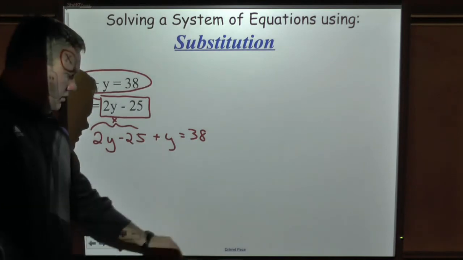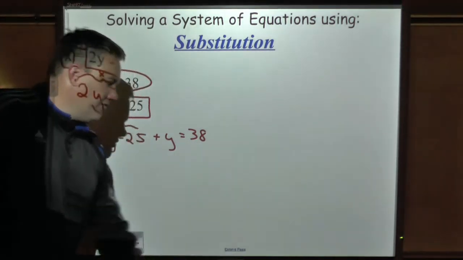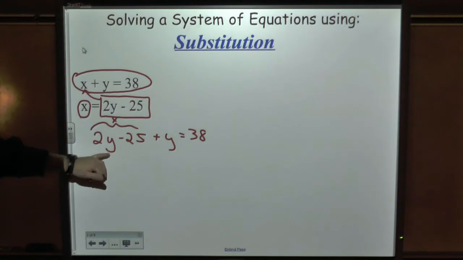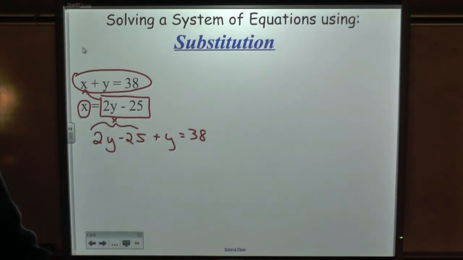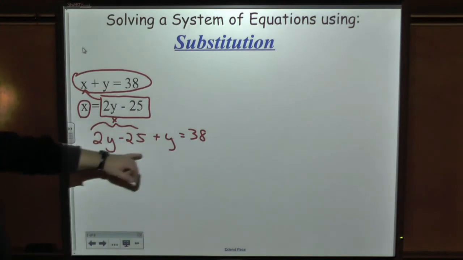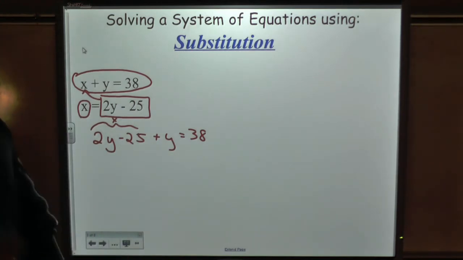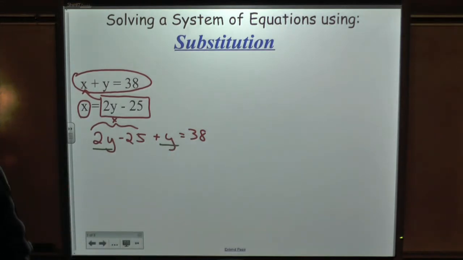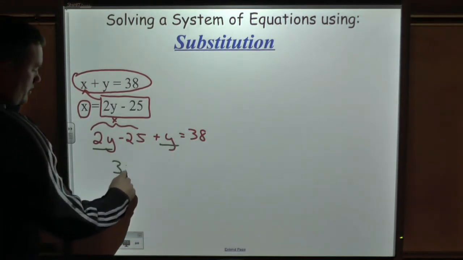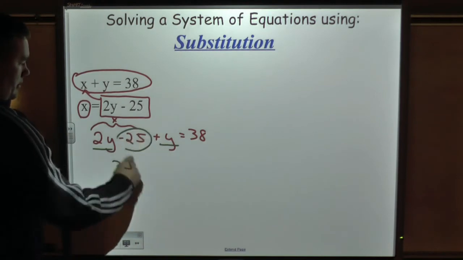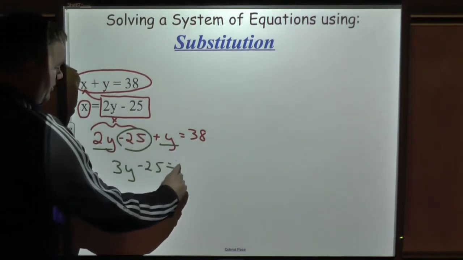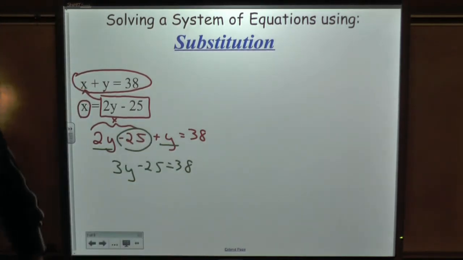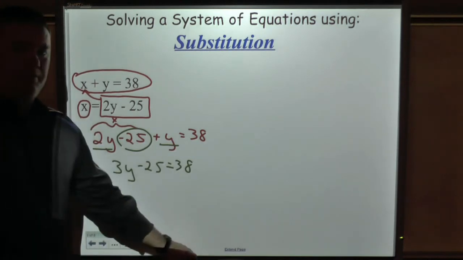All right? Now, from this situation, what you'll notice is that now we have only one type of variable. We have y's. You guys can solve an equation with one variable in it. You can combine any like terms. 2y plus y is 3y. And then we have negative 25 is equal to 38. After that, it's just like a two-step equation.